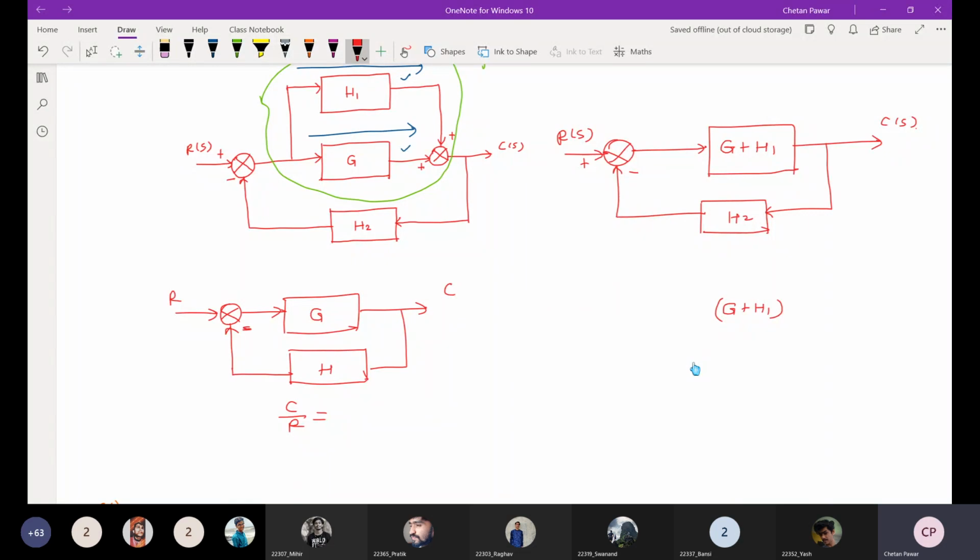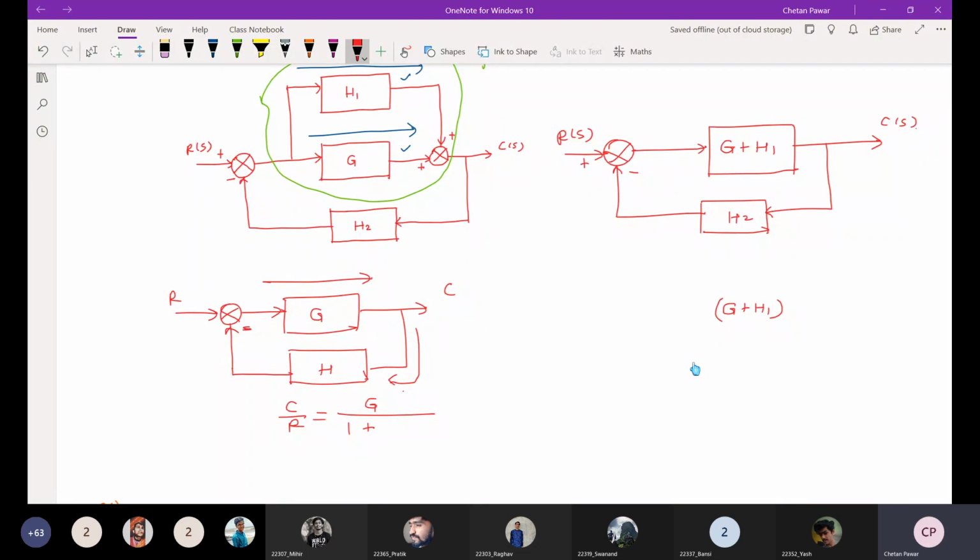This is the forward path and this is the feedback path. So what is the forward path gain? G divided by 1 plus. Why have we taken plus? Because there is a negative feedback.